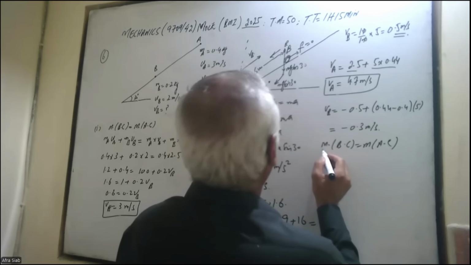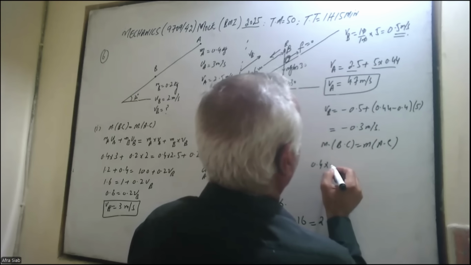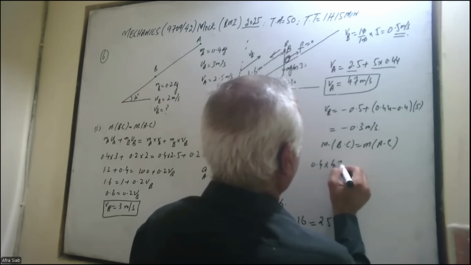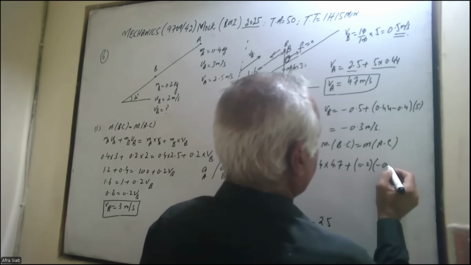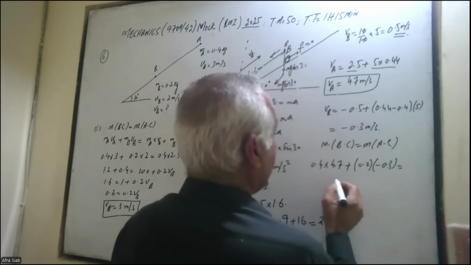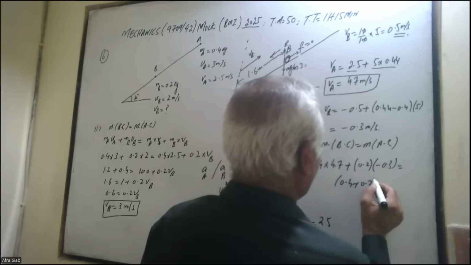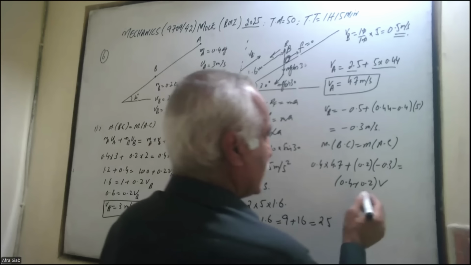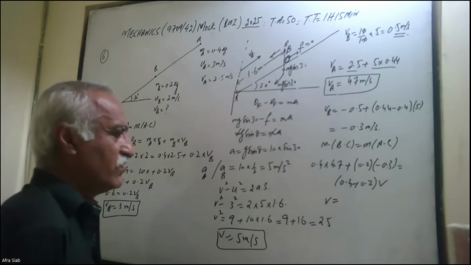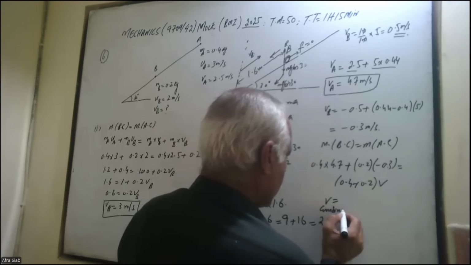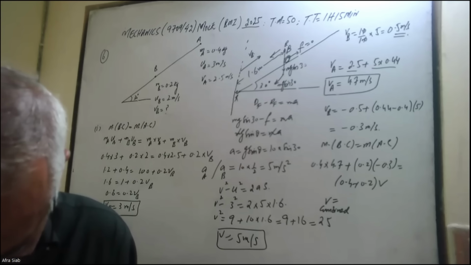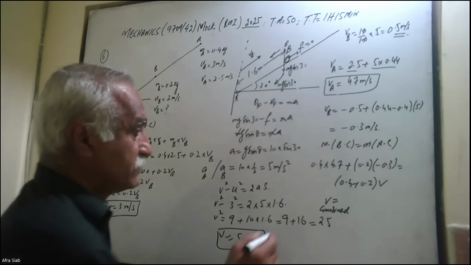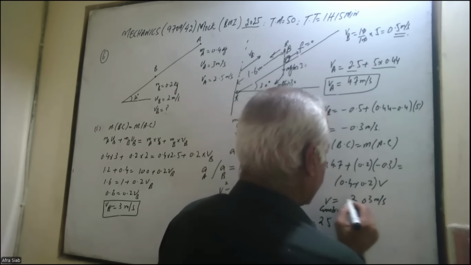Before collision, the mass of particle A is 0.4 into its speed 4.7, plus the mass of particle B, 0.2, into its speed, minus 0.3, is equal to the combined mass 0.4 plus 0.2 into the speed V. So we will get the calculation of V, when they are combined, equal to 3.03 meters per second.